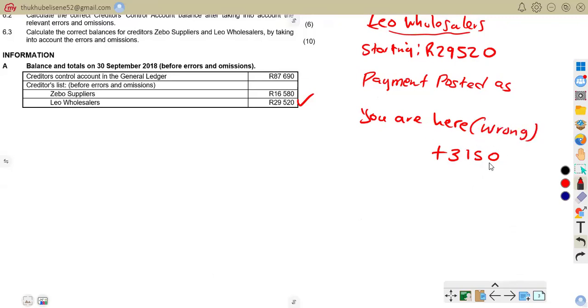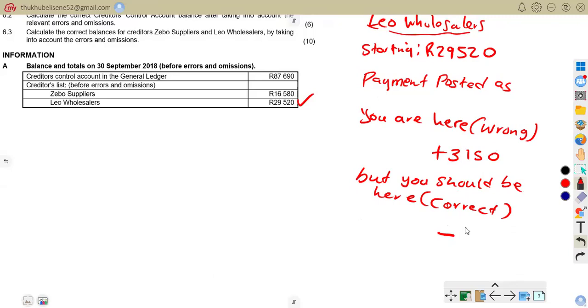So you are in the wrong place. But you should be here. Here, when we say we should be here, we are talking about the correct. You should be here, whereby you decrease creditors with 3,150.